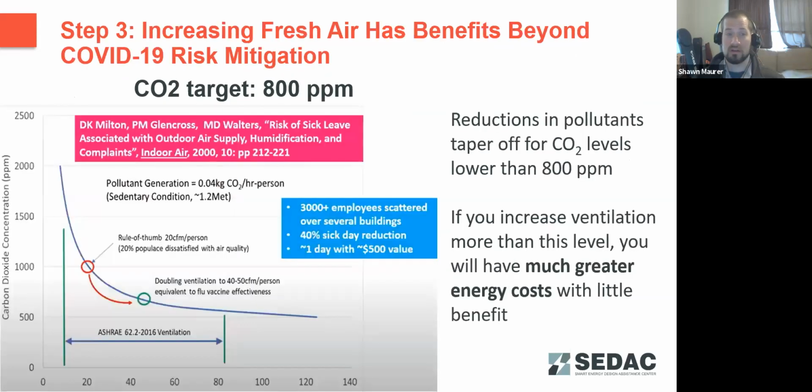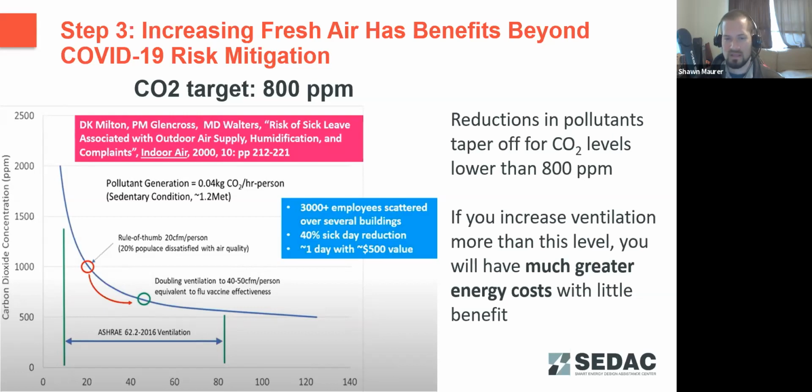And one thing we wanted to note is that this is going to have benefits far beyond COVID-19. There are multiple studies that show that increasing fresh air ventilation into buildings improves cognitive function, reduces sick days, and so there's a long-lasting benefit to increasing ventilation rates in buildings beyond just trying to mitigate transmission of the virus.